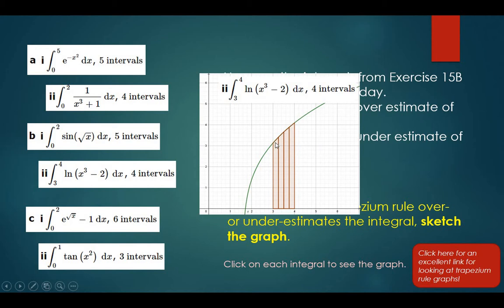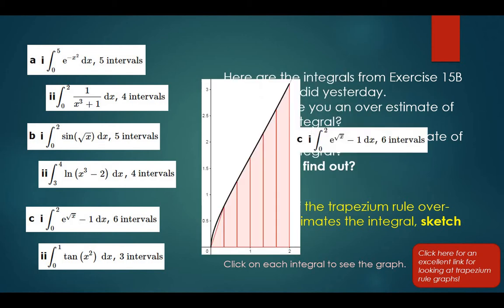For this example, it's like the third one. The curve itself is always curving downwards again, but we can hardly see whether the straight lines lie below or above the curve. But if you imagine a curve curving downwards, it's going to bulge on the outside, so the trapezia will lie underneath. They are going to be underestimates, so we'll have an overall underestimate of the integral.